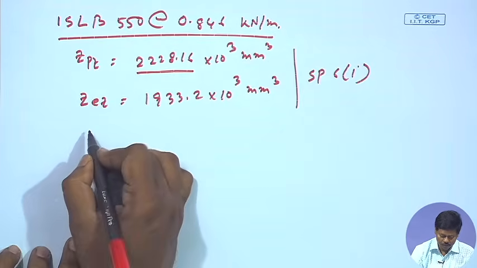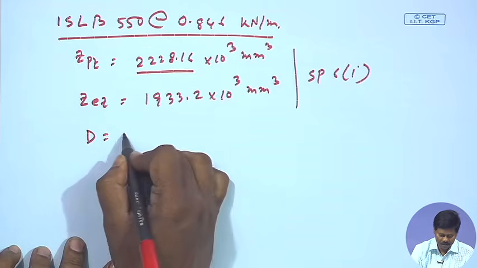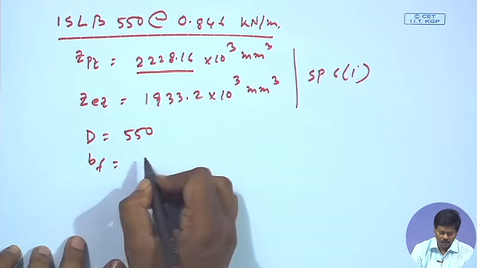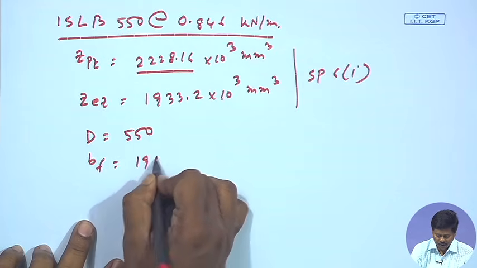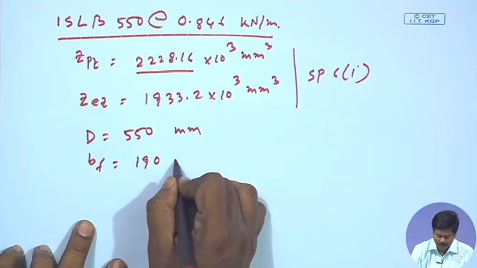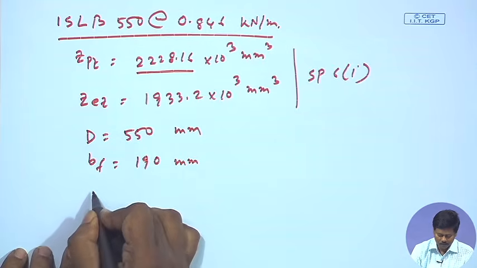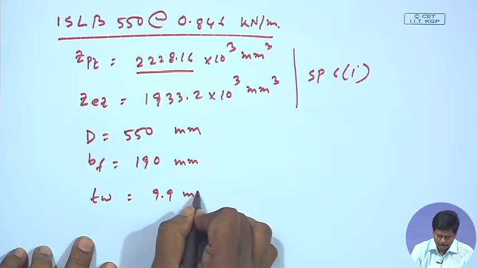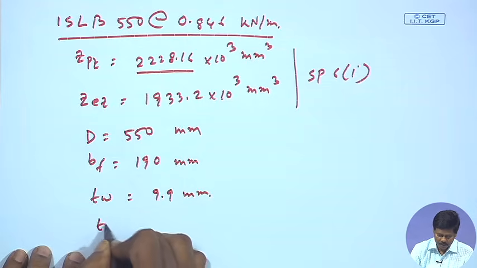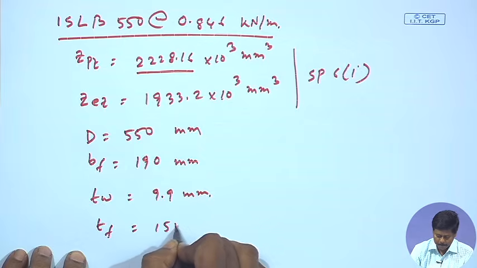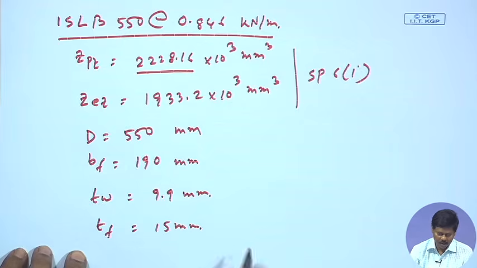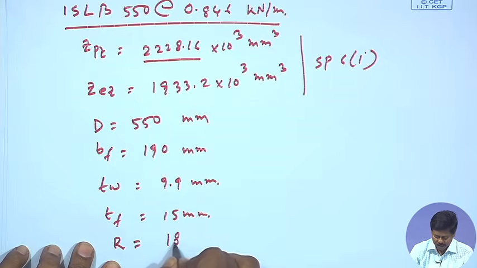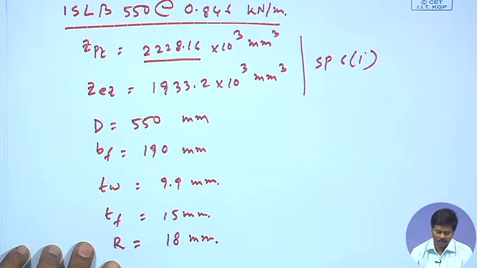right, and also we could find out D value as 550, the overall depth, width of flange 190 mm, thickness of the web 9.9 mm, thickness of flange 15 mm, and root radius r we could find 18 mm, right.